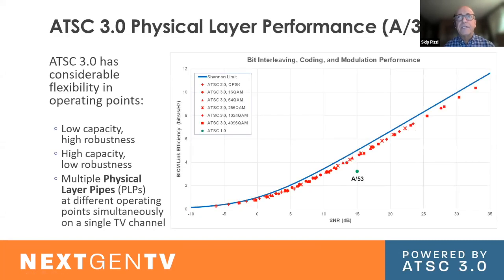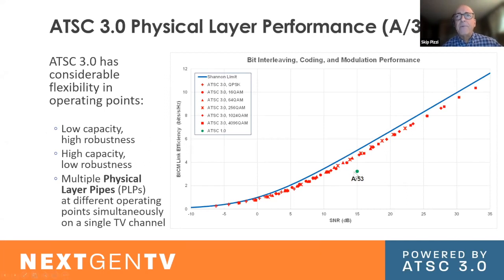Here's the chart that shows the Shannon limit in the blue line, the limit of digital capacity of an RF channel. Canonical kind of reference. You notice this green dot here, A53. The A53 standard is the ATSC-1 collection of standards. Well, it is the standard that covers all of ATSC-1.